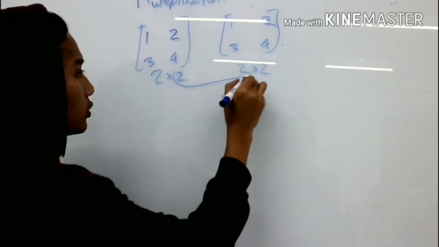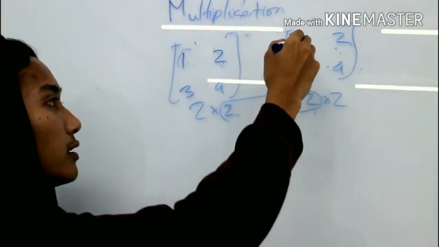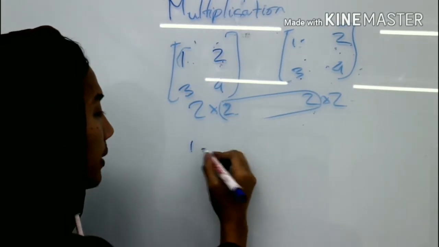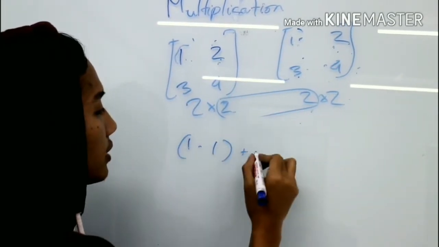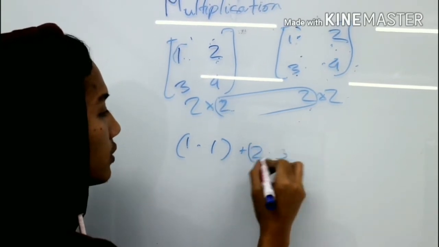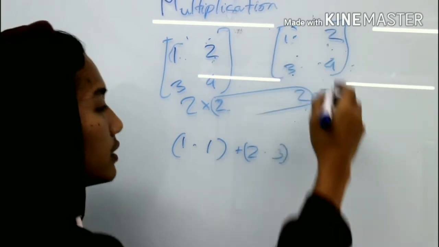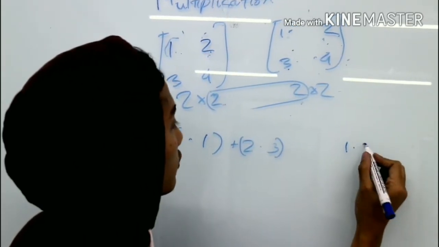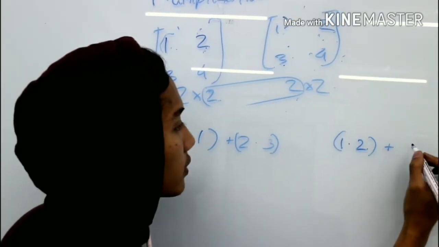Okay, we multiply this with this times this with this plus this with this. So 1 times 1 plus 2 times 3. Okay, this is for the first row and first column. This is for the second row and second column: 1 times 2 plus 2 times 4.